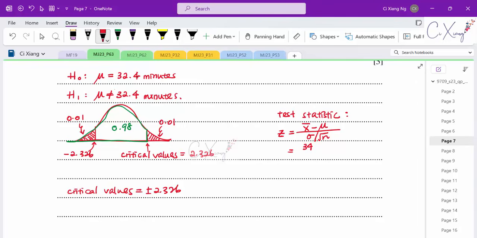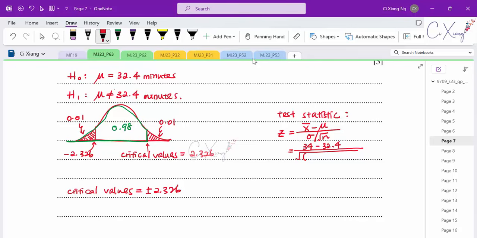It is something that we want to test here, so minus 32.4 divided by standard deviation over square root n. To use the standard deviation, it has to be the population standard deviation, and we have estimated the population standard deviation just now in part A, which is 1250 over 49, right?